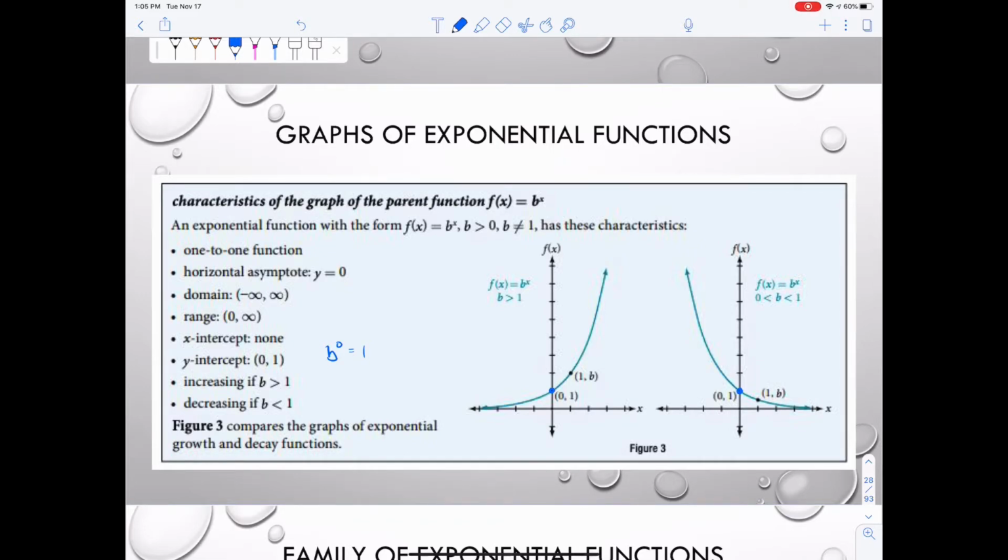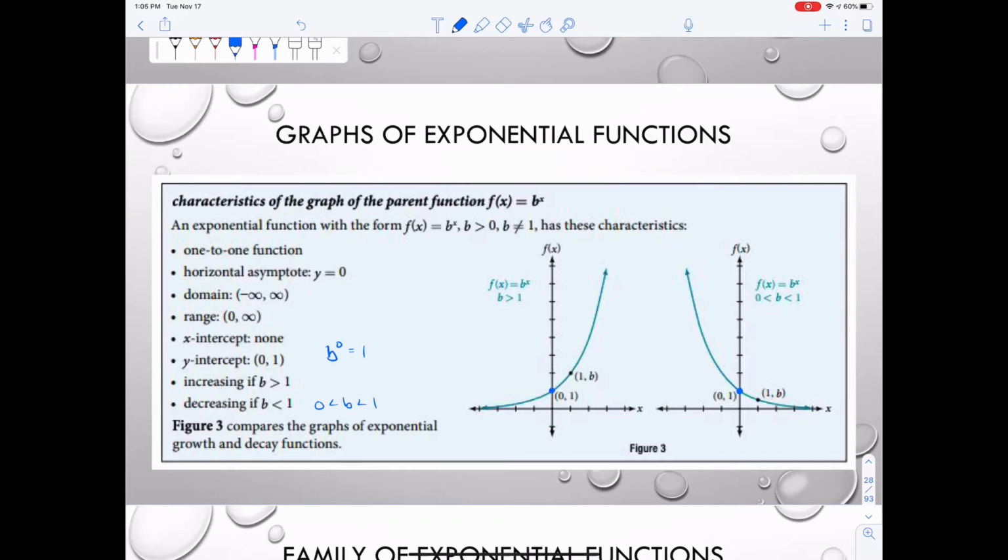Okay? If b is greater than 1, we are increasing. And if b is between 0 and 1, or less than 1, obviously keeping in mind that b can't be less than 0, then we have a function that is decreasing. Here we have two different graphs. The one on the left is where b is greater than 1, and as I go to the right, each unit, I'm multiplying the y value by b.